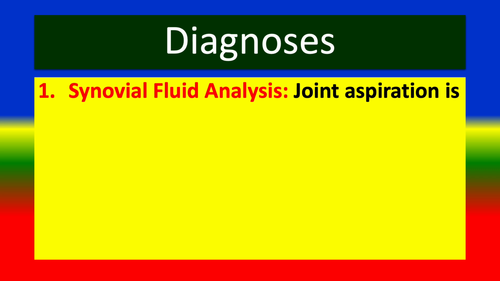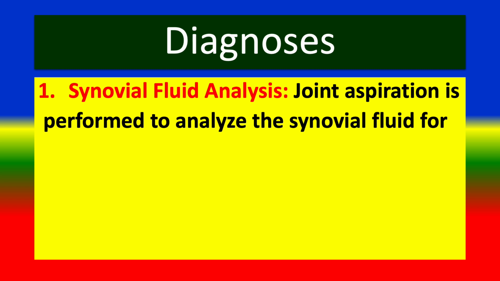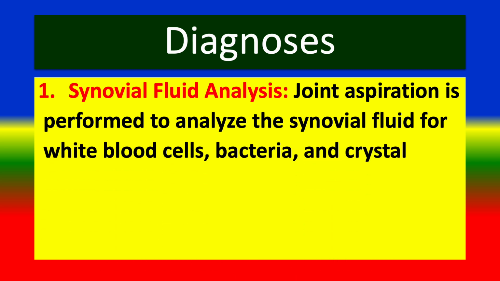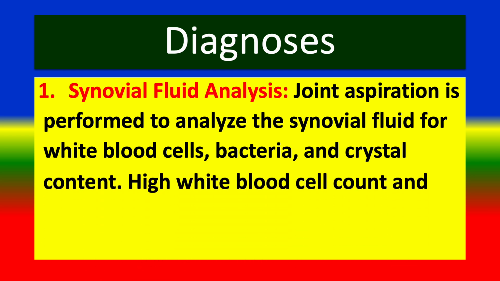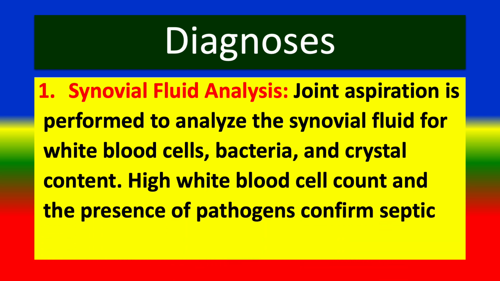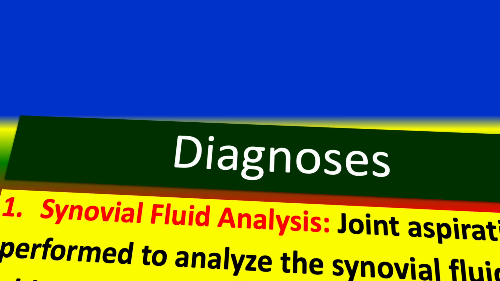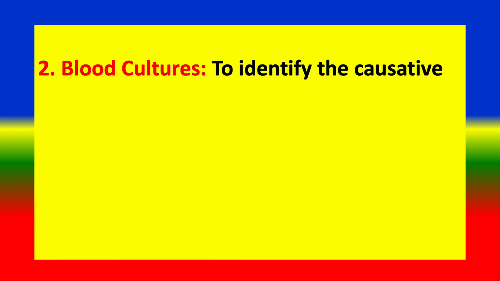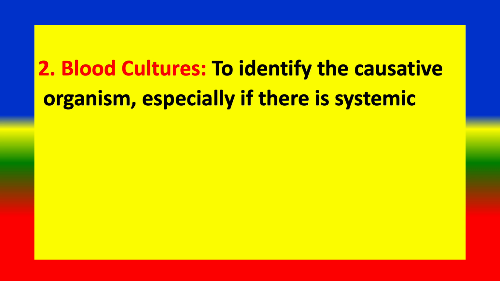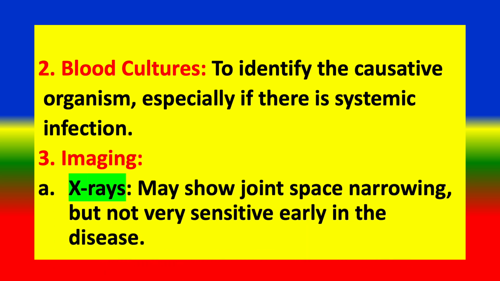Diagnosis: 1. Synovial fluid analysis. Joint aspiration is performed to analyze the synovial fluid for white blood cells, bacteria and crystal content. High white blood cell count and the presence of pathogens confirm septic arthritis. 2. Blood culture to identify the causative organism, especially if there is systemic infection. 3. Imaging studies.